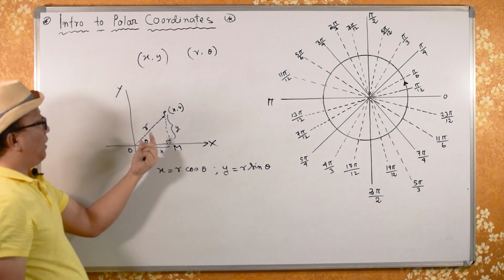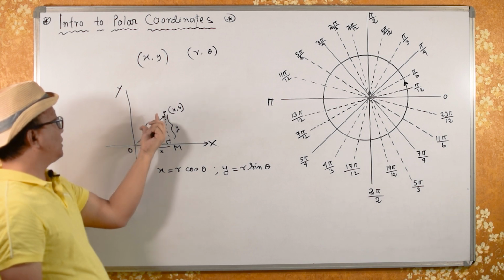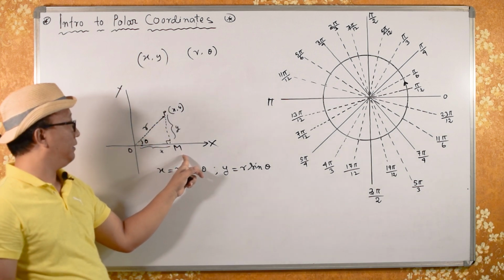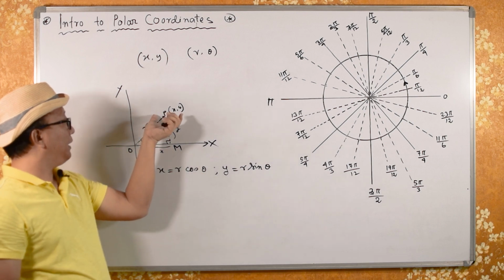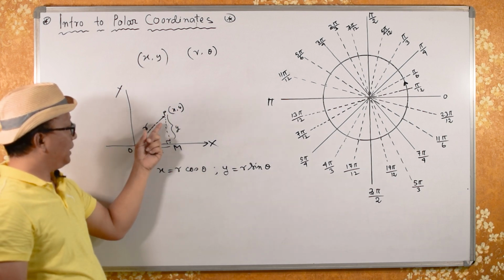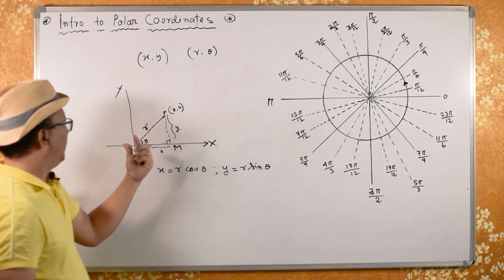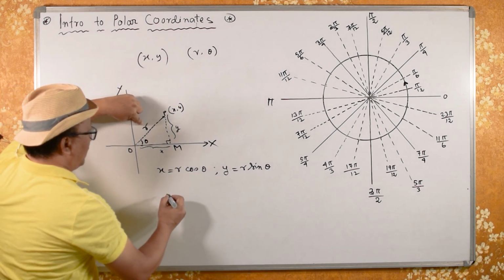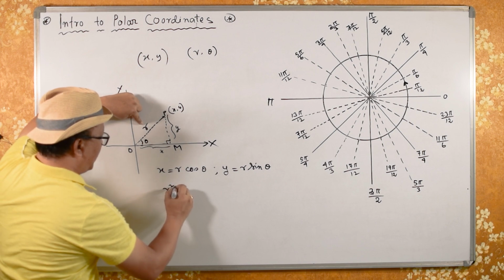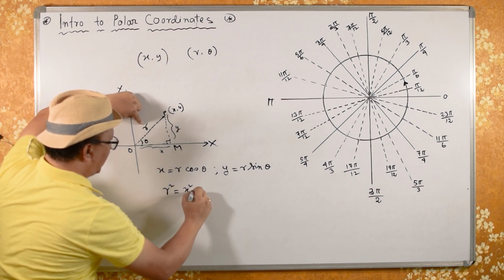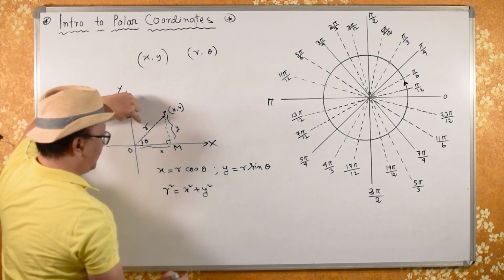Now, let's consider this triangle OPM. It is a right angle triangle, where this is the hypotenuse, this is the base, this is the altitude. By the Pythagorean theorem, r squared equals this square plus this square, meaning x squared plus y squared.